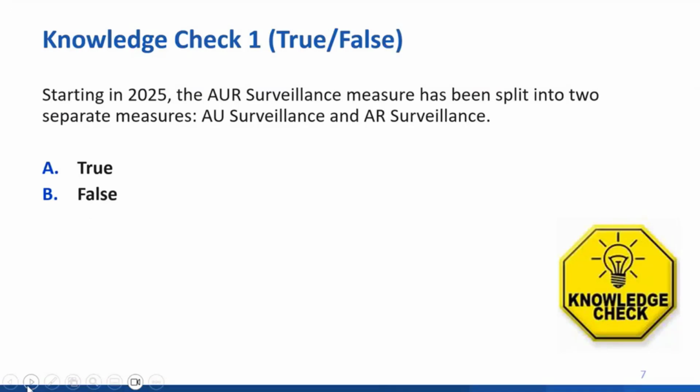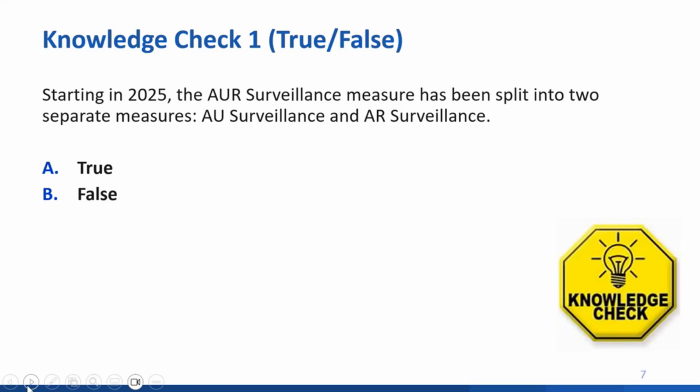All right, so you are at your first knowledge check. So true or false? Starting in 2025, the AUR surveillance measure has been split into two separate measures, AU surveillance and AR surveillance. You can say A for true or B for false.